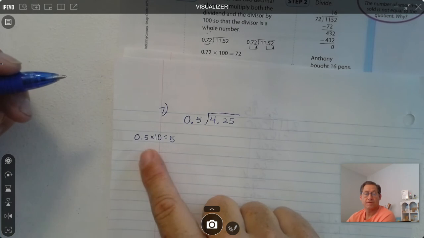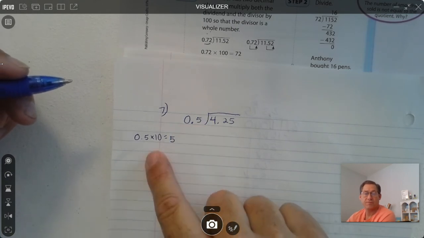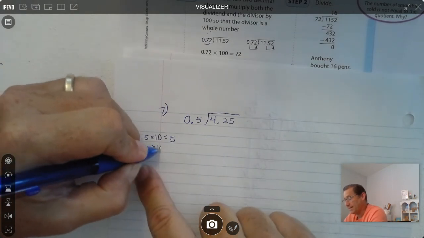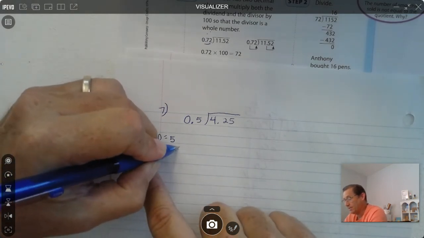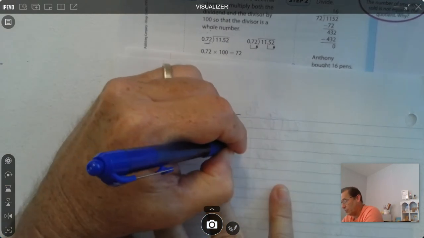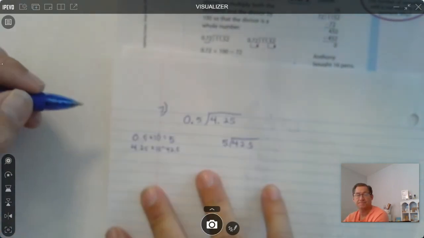Basically we're moving it one place to the right by multiplying by 10. So we're going to multiply 4 and 25 hundredths by 10, and we'd get 42 and 5 tenths. So our new problem is 42 and 5 tenths divided by 5.